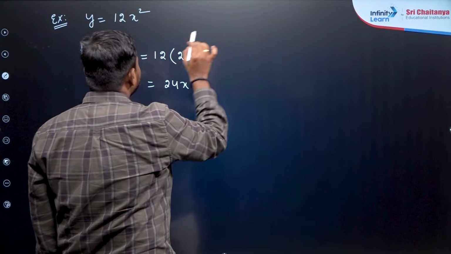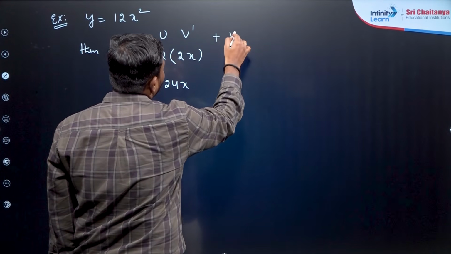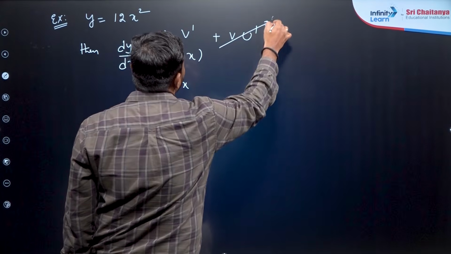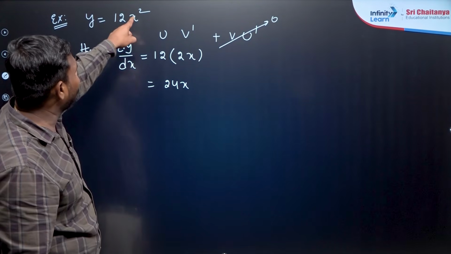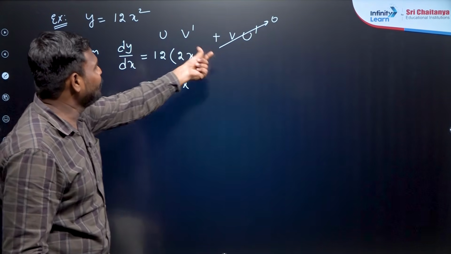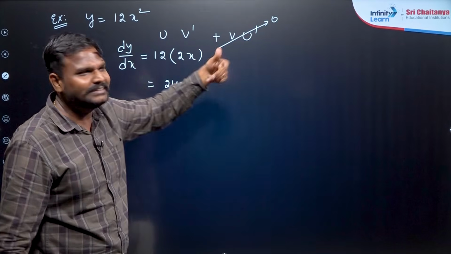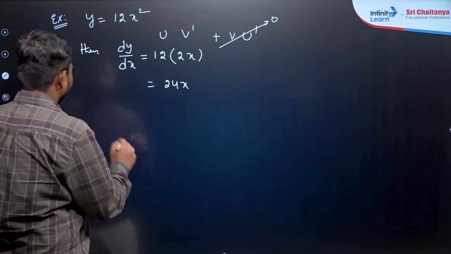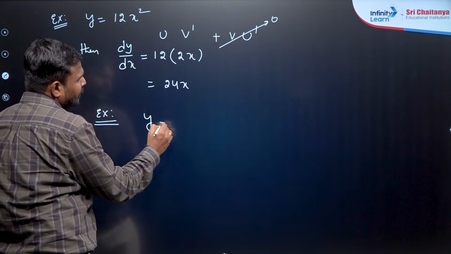No need to do v u dash because anyway it is going to become 0. That is what I am trying to tell you. A constant multiplied by a function, u into v dash is enough. V u dash is anyway 0 because x square will keep outside, derivative of 12 is 0. Right.